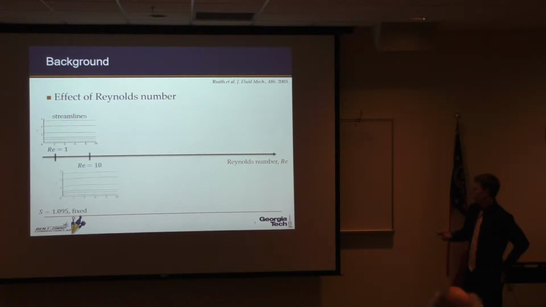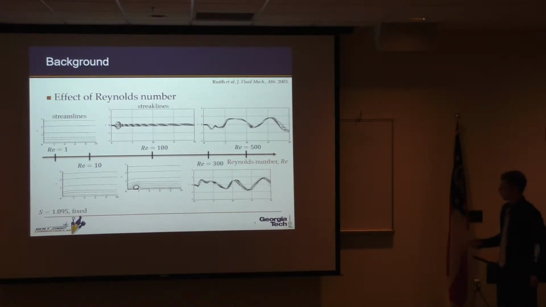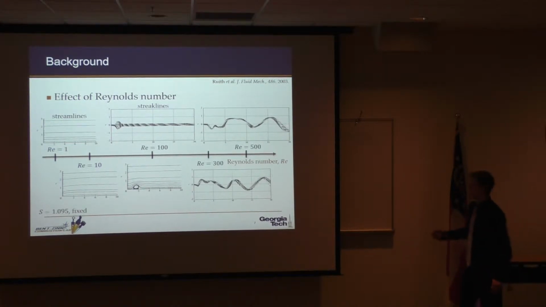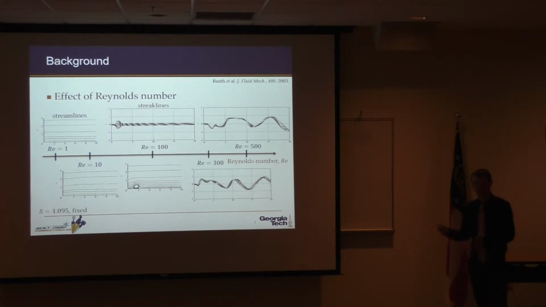As we start to increase Reynolds number, we see a divergence from this columnar flow state, where at first it's just a minor deflection of the flow around the center line. And then at a Reynolds number of 100, in this case, which is a flow-specific number, we see the emergence of this axisymmetric vortex breakdown. And then beyond that, we see helical or spiraling type instabilities which appear at even larger Reynolds numbers.